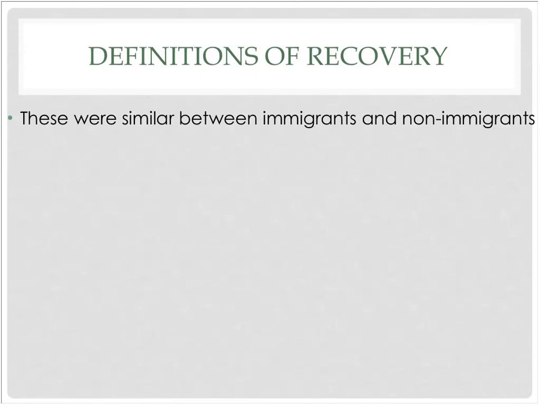I did it, one of my postdoctoral students did it, we got graduate students, and none of us could find any significant difference in these definitions of recovery. The underlying message, for the service providers on the line, was that if you just use the traditional definitions of recovery with immigrants, you'd be talking their language and meeting their needs.